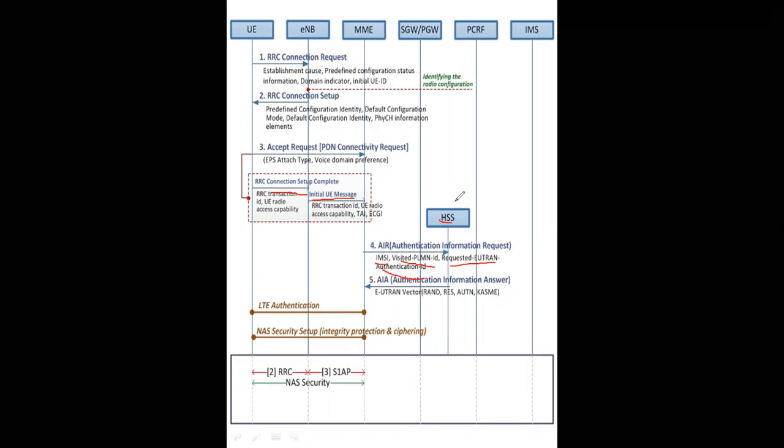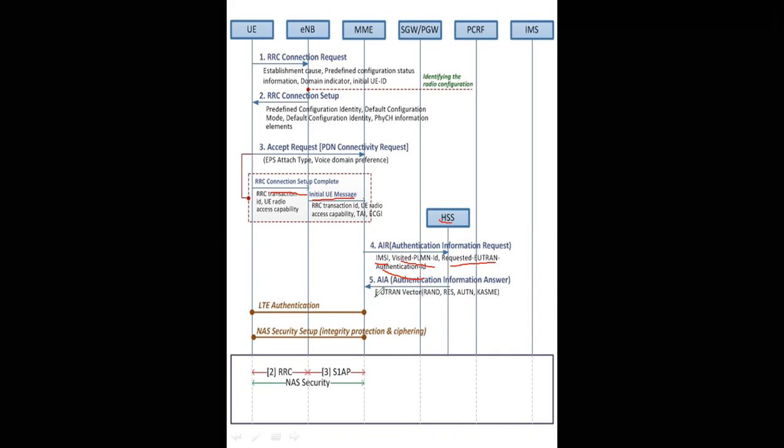Then based on that, the HSS checks its database with the respective IMSI. Sometimes a GUTI value is also there. Every time there is no need to send the IMSI value. The MME can also send the GUTI value to the HSS, and based on that the HSS will search the authentication data. Then the HSS responds with the AIA, the authentication information answer.